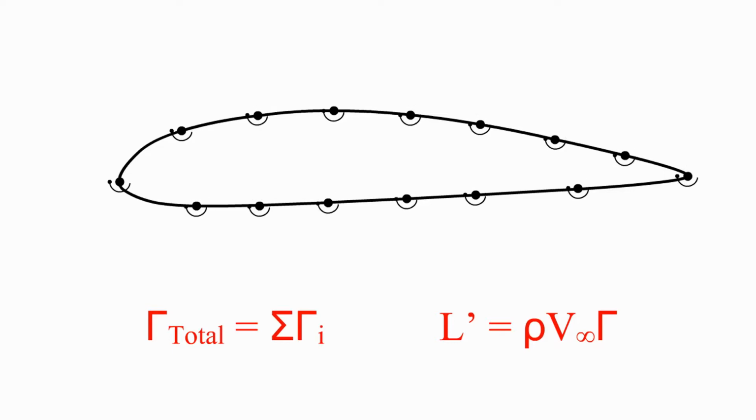And this results in a negative lift, obviously. This simple technique of using a vortex sheet to simulate the flow over an airfoil and then use the Kutta-Joukowski theorem to calculate lift has been successfully used by aerodynamicists in the past to design and optimize airfoil shapes that produced high lift.